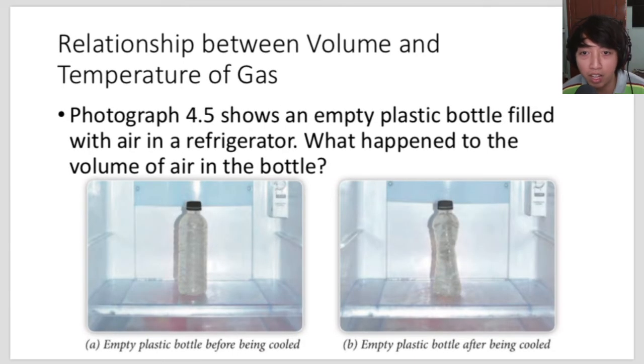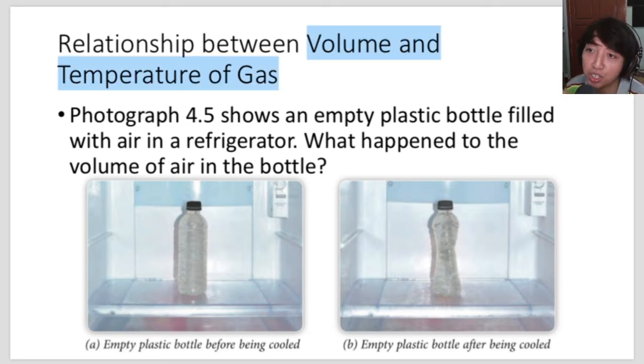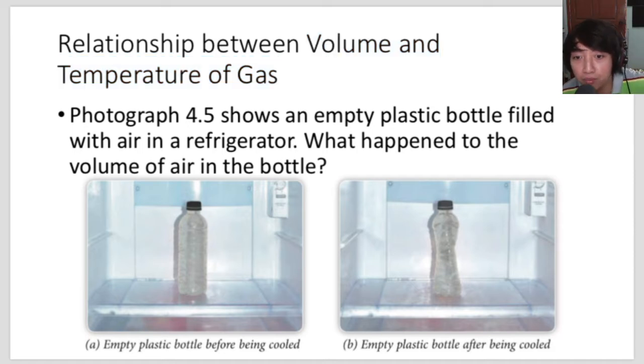All right, let's continue. Now let's look at the relationship between volume and temperature of gas. Photograph 4.5 shows an empty plastic bottle filled with air in a refrigerator. What happened to the volume of air in the bottle? You can do this experiment at home.